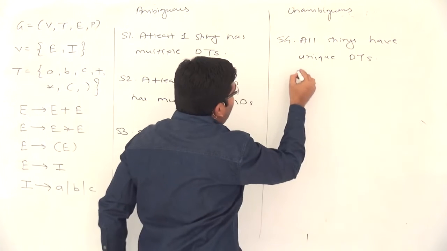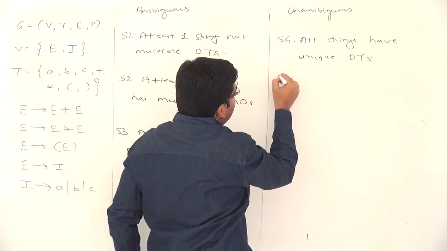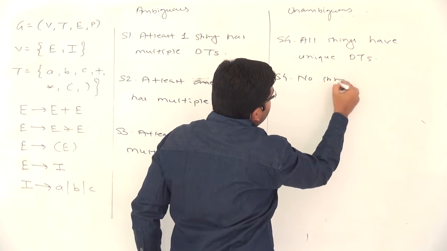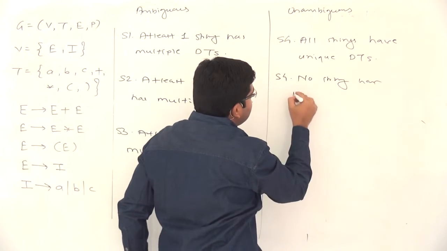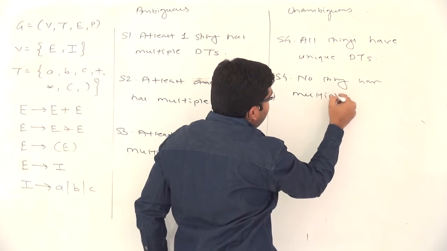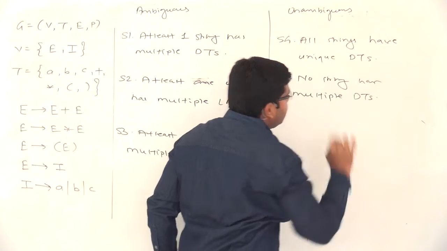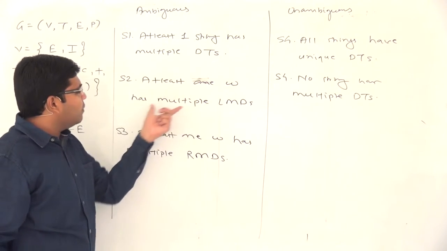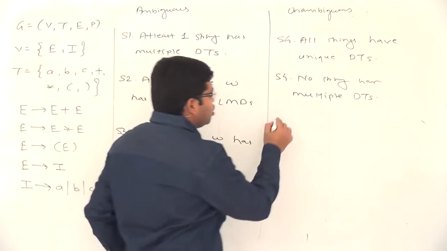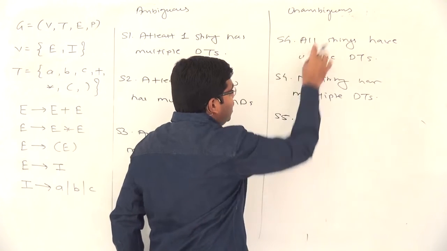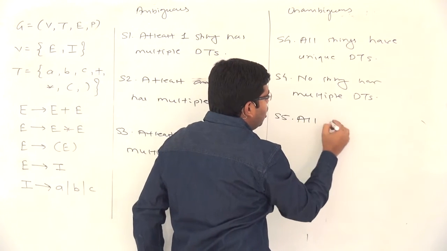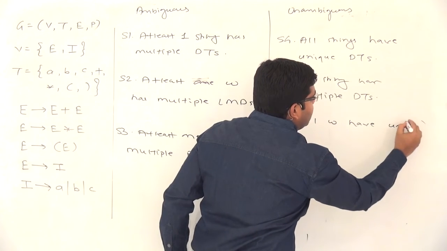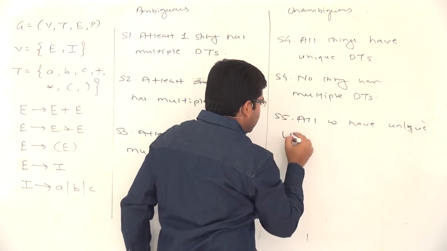derivation tree. Or we can write another S4: no string has multiple derivation trees. Similarly, when we say at least one W has multiple LMDs, the corresponding definition of unambiguous grammar will be: all W have unique leftmost derivation.